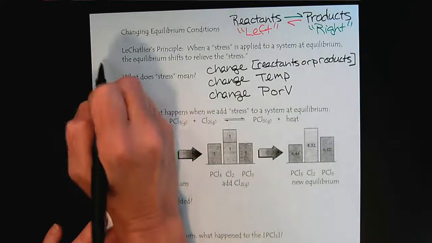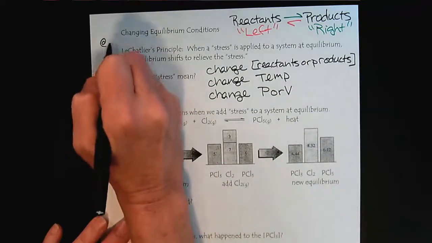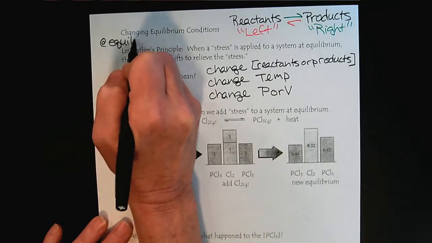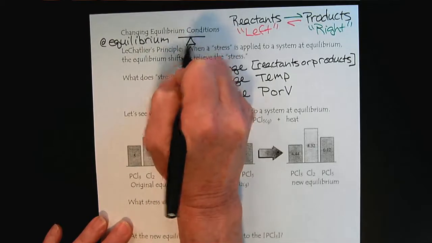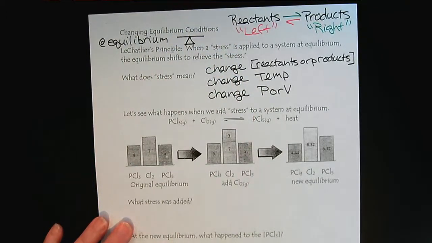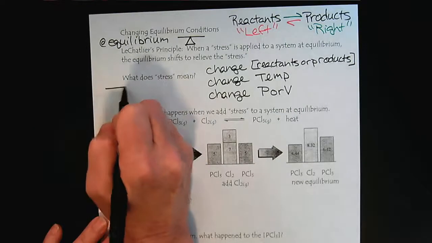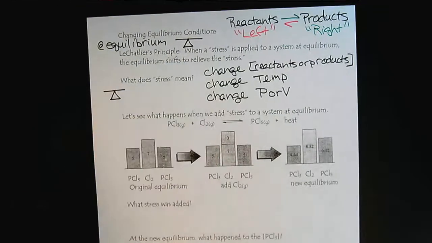So when a system is at equilibrium, we will just consider it like a teeter-totter that's perfectly balanced. All right? So now as we add stress, there are different ways to add stress.